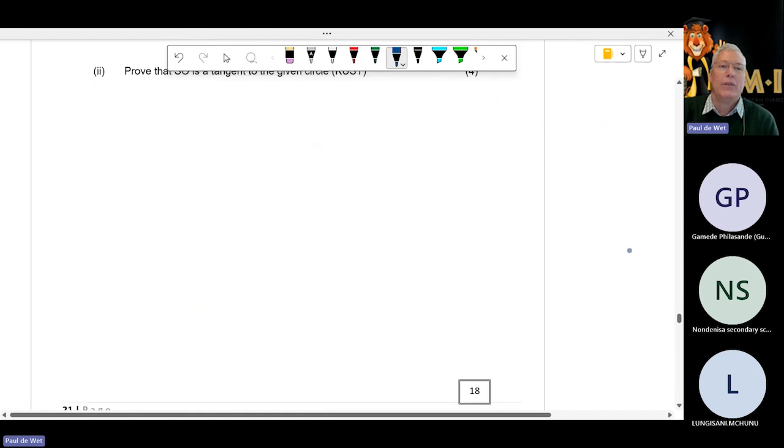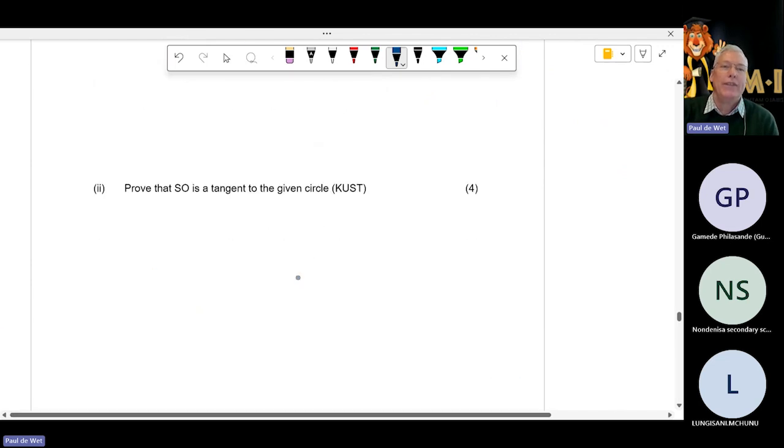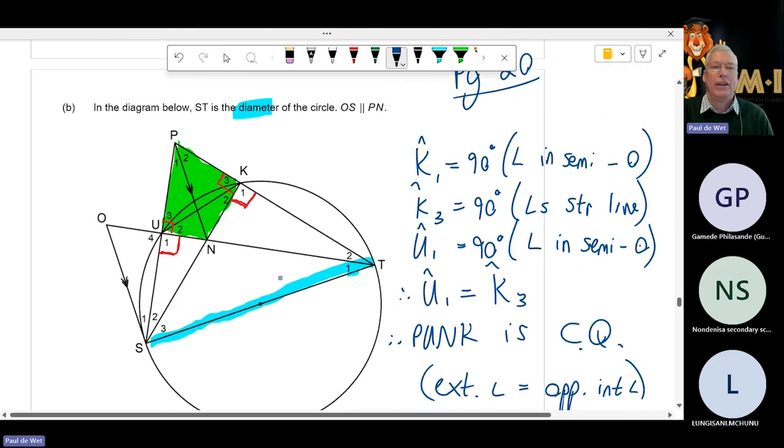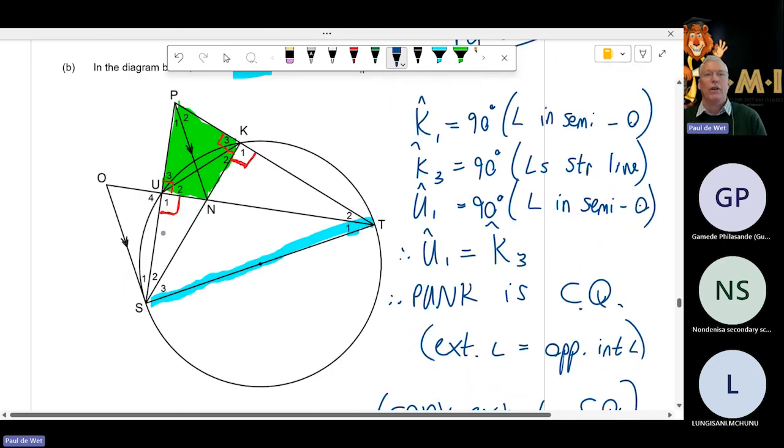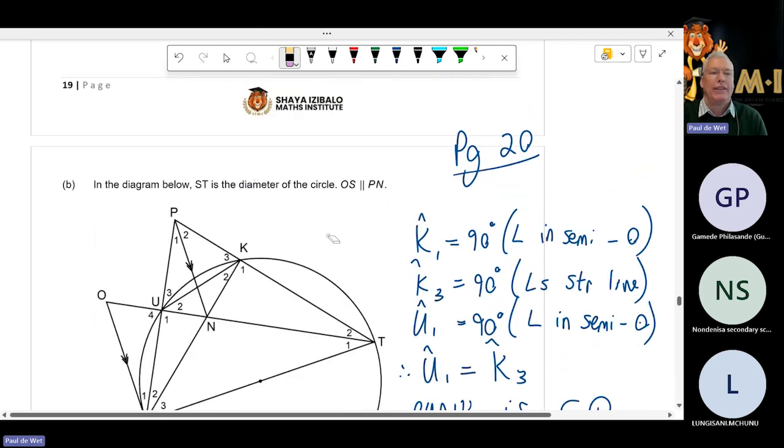Then the next question says, prove that SO is a tangent to the circle KUST, so to the given circle. Now just be careful here, guys, because it looks like a tangent, but if we go and read from the top, it doesn't say anything about a tangent.